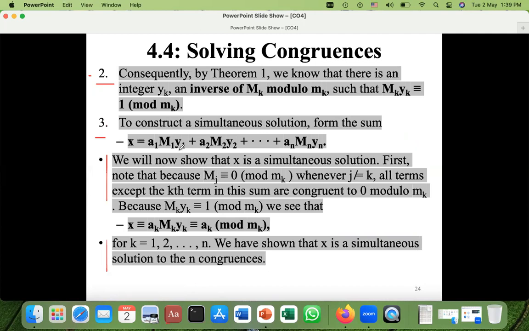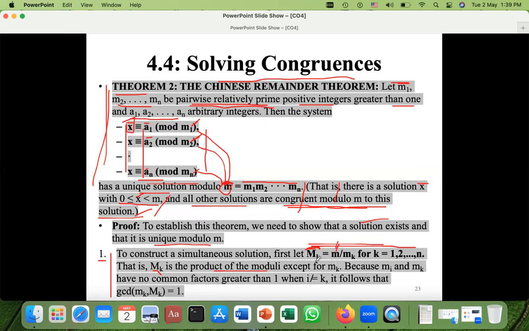of capital Mk modulo small mk. In the previous step, you are getting values for M1, M2, M3, M4 up to Mn. I can say you are getting the value for Mk.